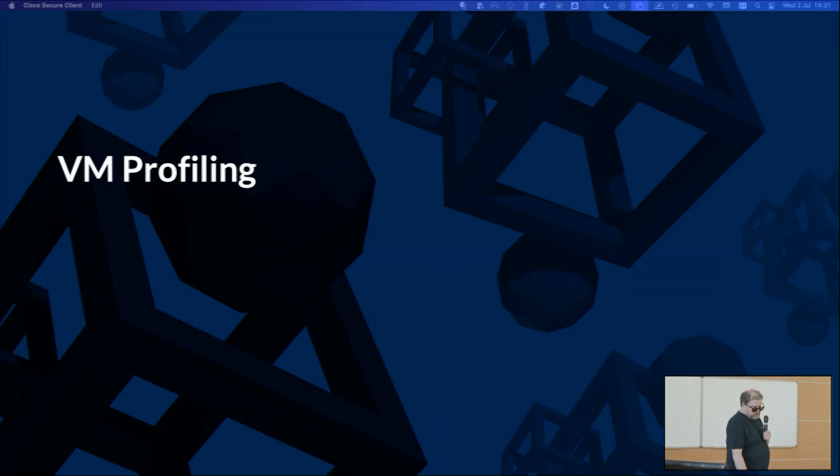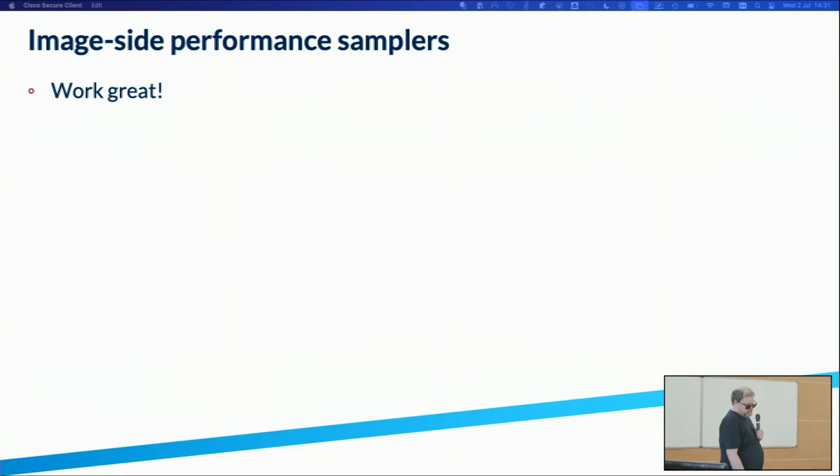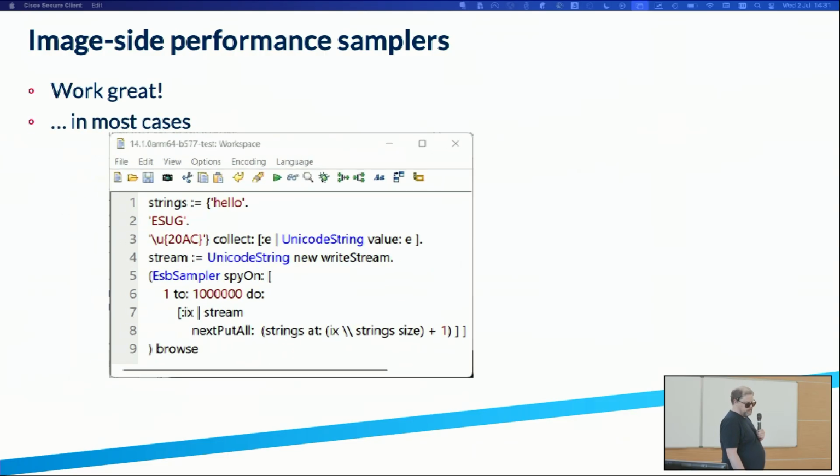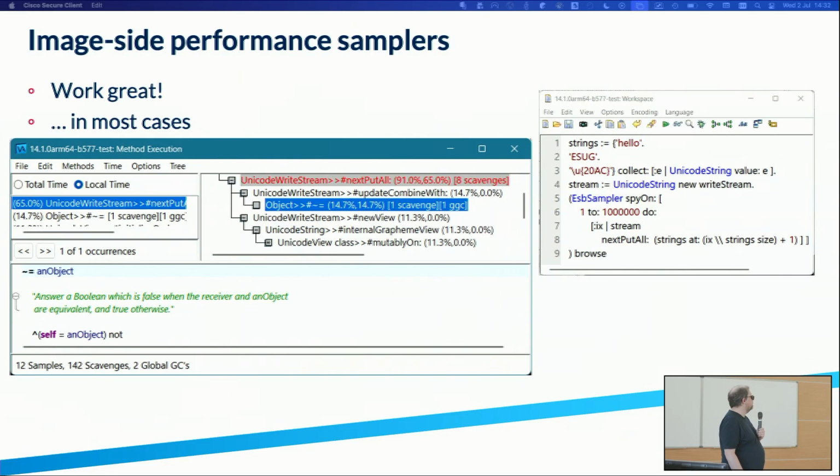So when you want to profile the VM, usually we're okay with image side profilers, and we get nice sampling, we get a nice call tree, and everything works in most cases. But then, maybe it doesn't. Here, I'm trying to profile an expert in a method of ours, and the samples that I get are kind of nonsense.